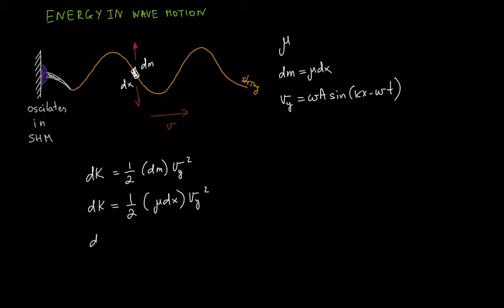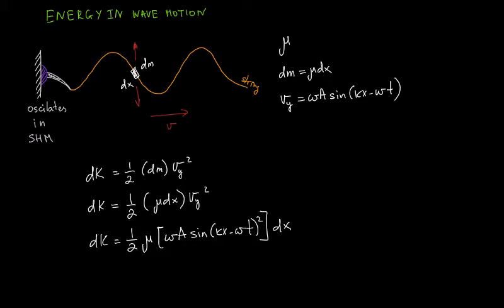Then dK would equal 1/2 mu omega A sine(kx minus omega t) squared dx.